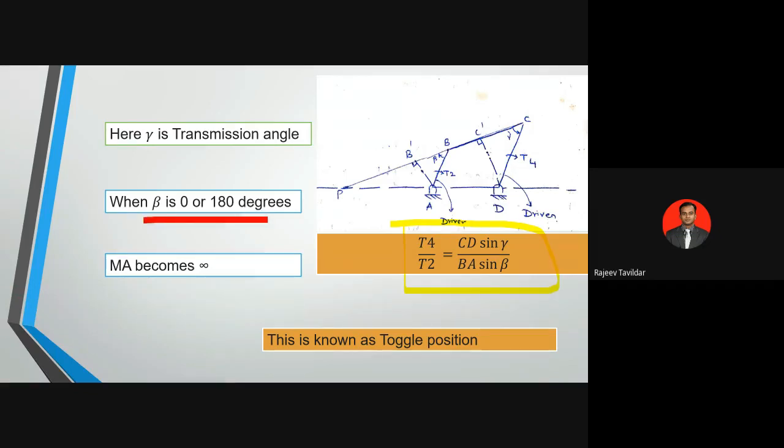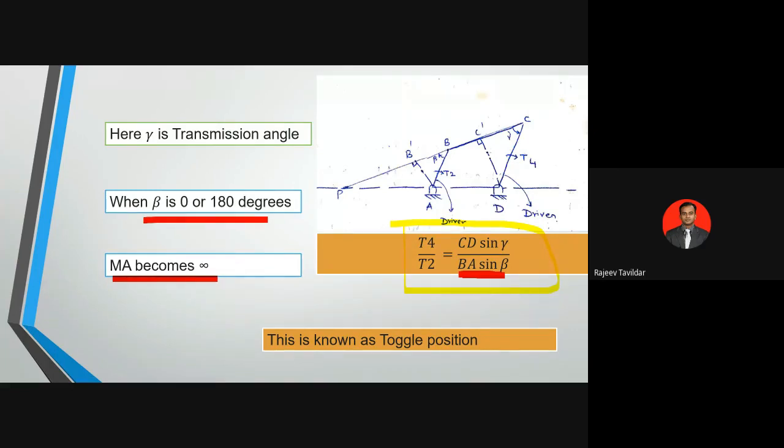So what happens when beta is 0 or 180 degrees? So we are going to get sine 0 as 0 or sine 180 as 0 in the denominator. So if the denominator is 0, then the entire equation will become infinite. That means the mechanical advantage of a mechanism will become infinite.